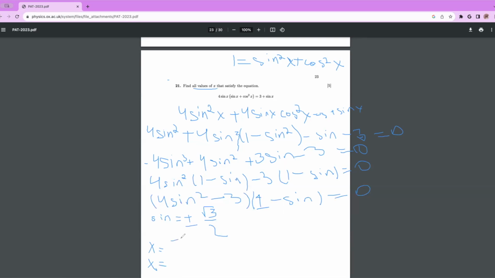So you need pi over 3 plus, let's see, does it scale with pi or with 2 pi? Well, what's sine of 4 pi over 3? That's pi plus pi over 3. Sine of 4 pi over 3 is going to be negative sine of pi over 3.